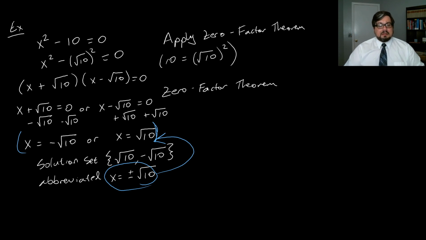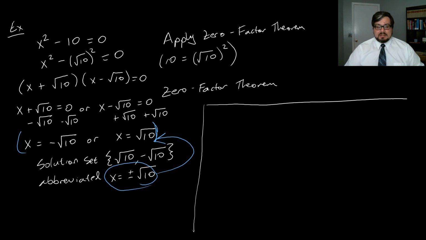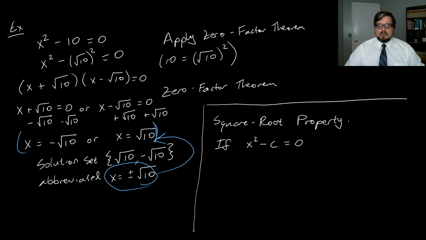Now, if we did this process with an arbitrary number in place of the 10, then we would get the following result, which we will use reasonably often. We call it the square root property, which says that if x squared minus c equals 0, or equivalently, if we have x squared equals c, notice that those are two equivalent equations.